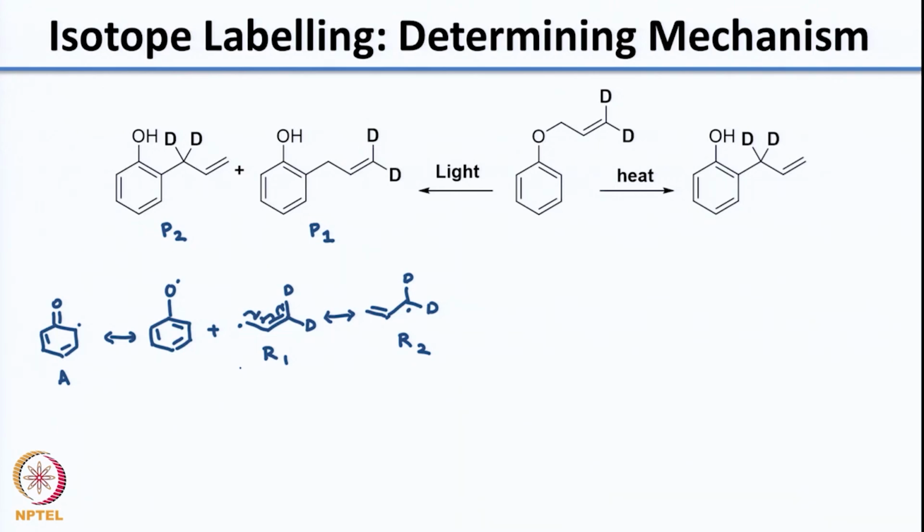Now, let us look at the second case. In heat, since you are getting only one product, it indicates that you do not have formation of a radical or a polar intermediate at all. It indicates that the process is concerted. So, what you have is essentially a concerted process like I had shown you, where it is a 3,3 sigmatropic shift.